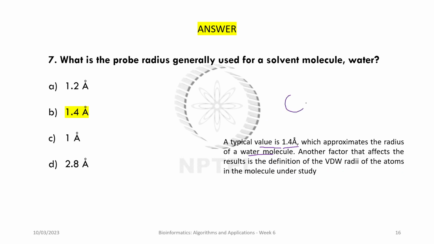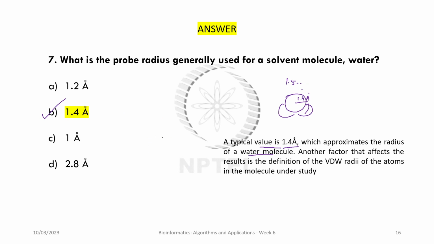So here, when you have a water molecule, it's almost 1.4 angstrom, which you can take as a sphere of 1.4 angstrom, but it's somewhere around 1.5 odd, I guess. So the right answer is 1.4, which is used for all practical calculations.